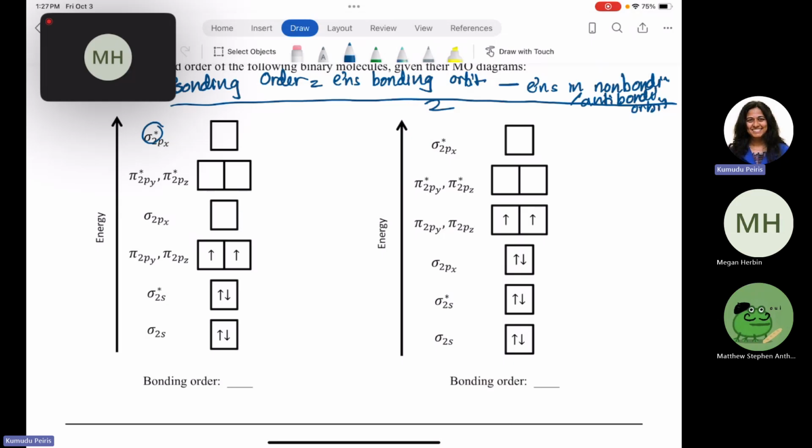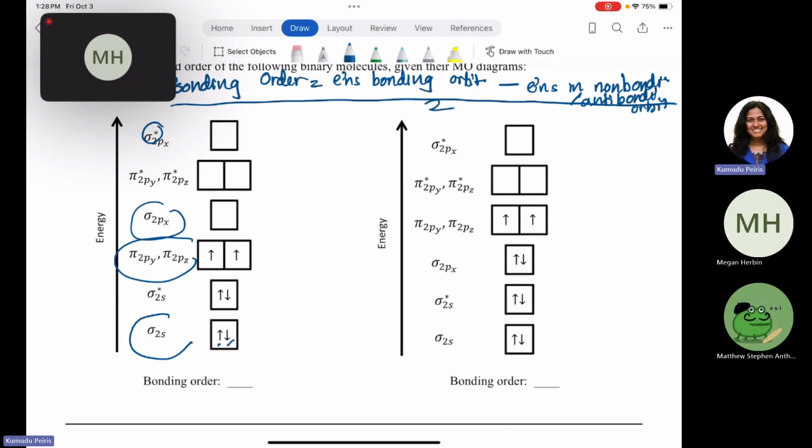The electrons filled into those anti-bonding orbitals will destroy the bonding properties of the molecule. That's why we subtract the electrons that are filled in the anti-bonding orbitals from the electrons in the bonding orbitals. This is a bonding one, this is a bonding one, and this is also a bonding one, but that orbital doesn't have any electrons in it.